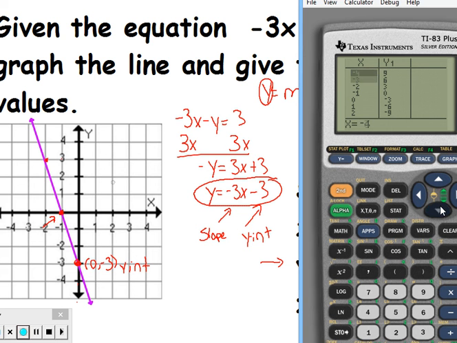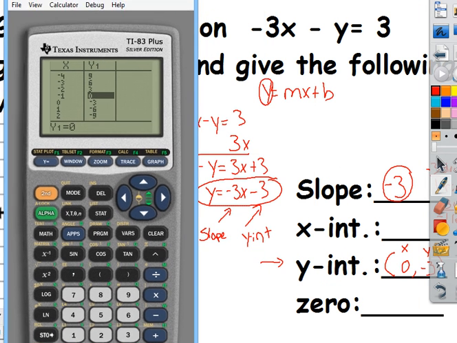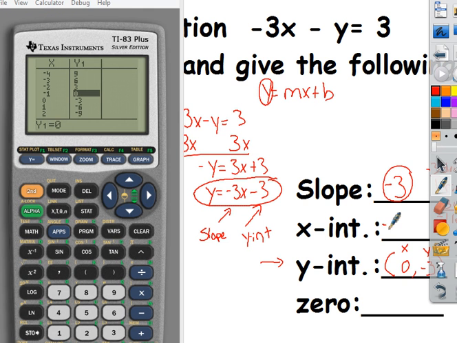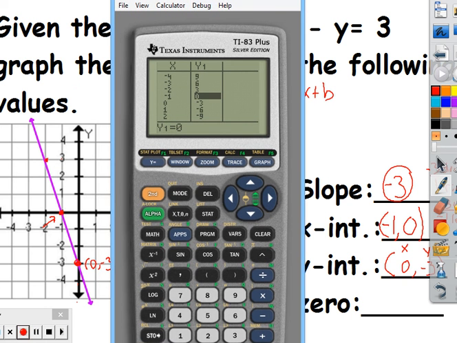So I'm going to look down at that in my calculator, and sure enough, -1, 0 is our x-intercept. So I'm going to put that right here, -1, 0. Okay, and then I'm going to look at that table again.